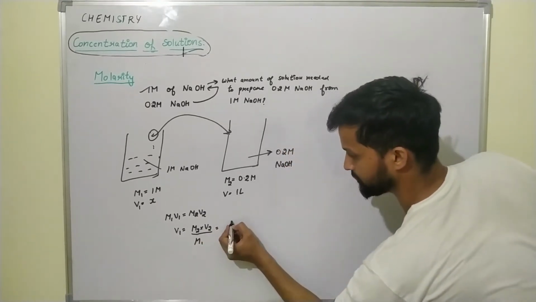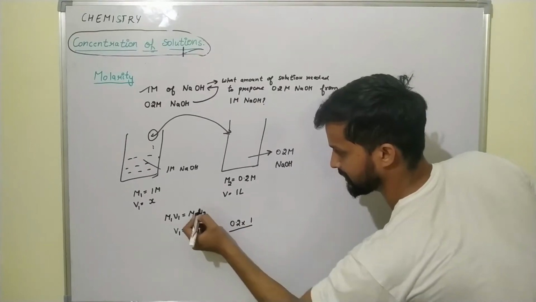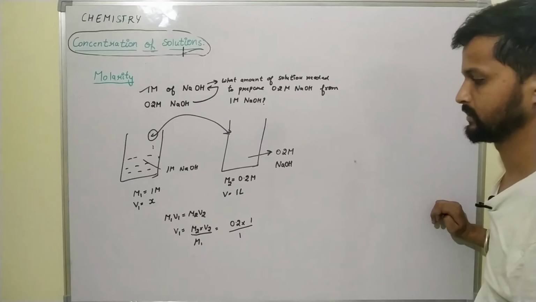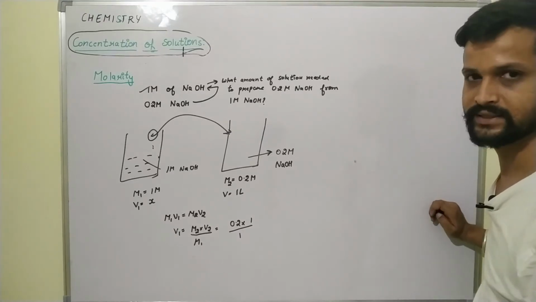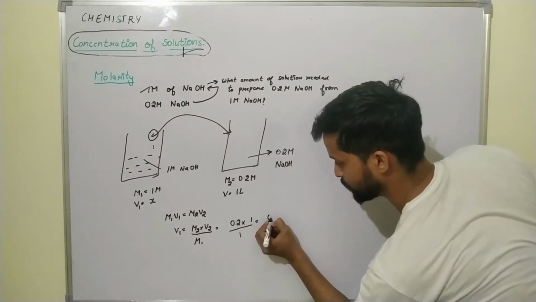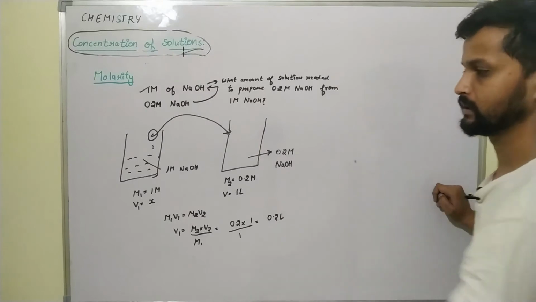So here M2 is 0.2, its V is 1, and here M1 is 1. Is it clear? Now we have to use 0.2 liter solution.